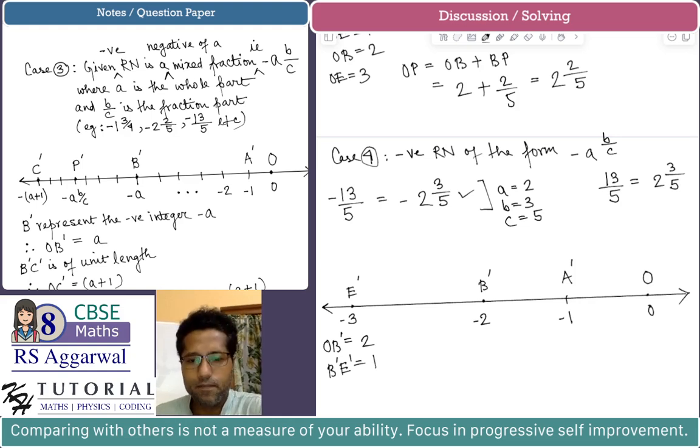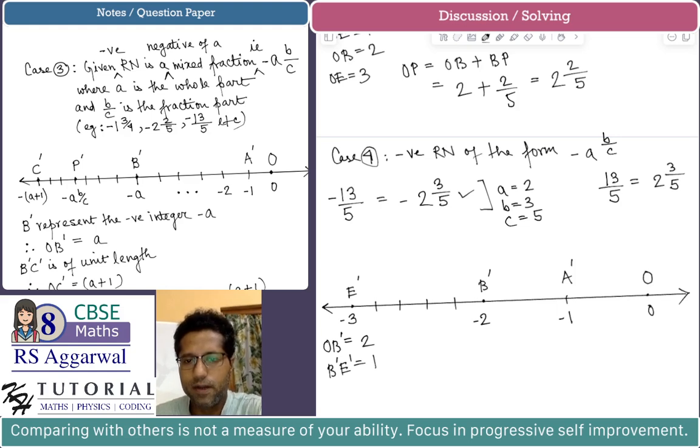Now we will divide the segment B dash E dash into 5 equal parts. Why 5 equal parts? Because in the fraction part the denominator is 5, c is 5. So approximately we will divide B dash E dash into 5 equal parts. Let's say 1, 2, 3, 4 and 5 equal parts. Now since b is 3, we will consider 3 such equal parts.